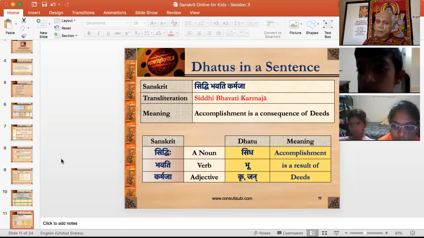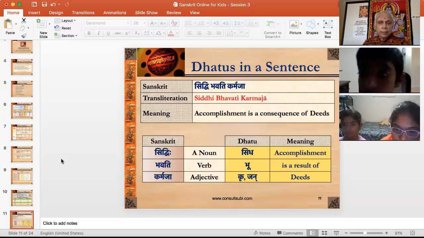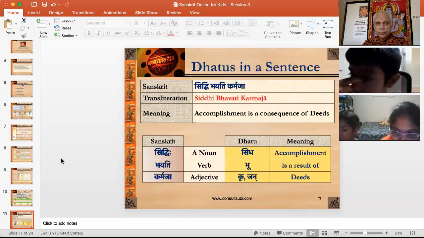You study hard, for example, it is a karmaja. So when you study hard, you get good marks and you get a good grade, which is an accomplishment. So, Siddhi bhavati karmaja means accomplishment is a consequence of deeds, a result of what you do.